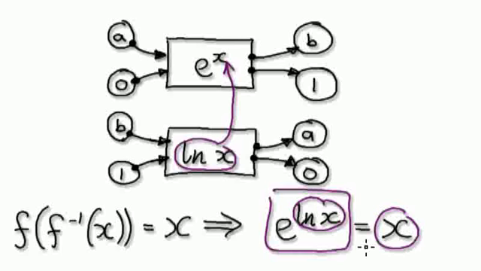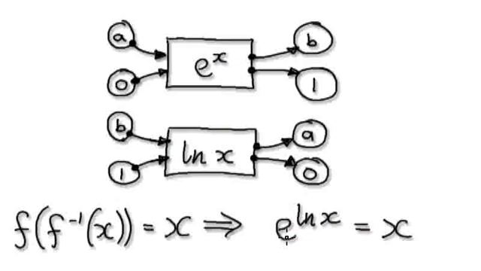Okay, and then again, it will spit out the original value that you put into there, which is x. So whenever you see this e to the power of natural log of x, these two will kill off each other here, leaving you x.